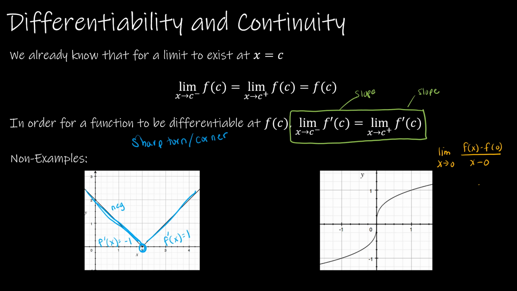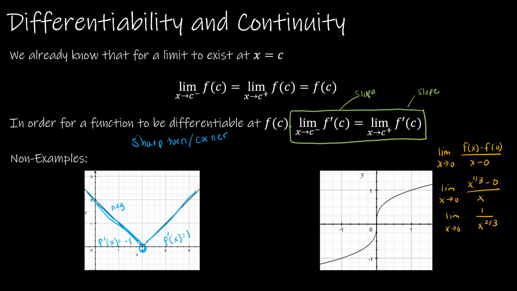which, in this case, is actually x to the 1/3. That's the function that I've graphed, the cube root of x, minus 0 over x. So the limit as x approaches 0 of this. So really what this is, is the limit as x approaches 0 of 1 over x to the 2/3.